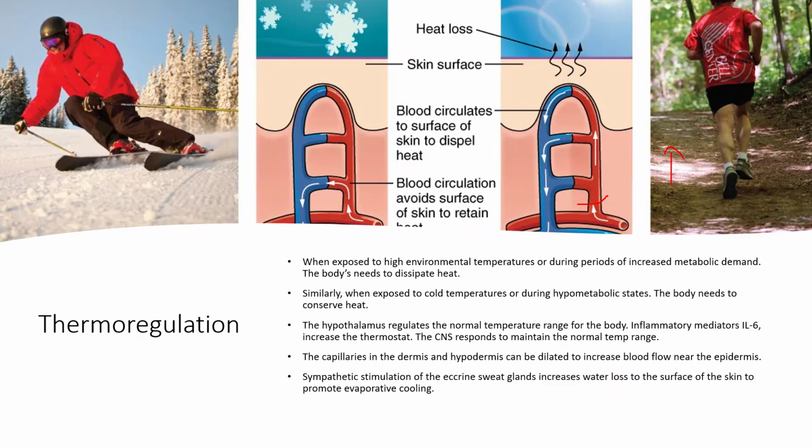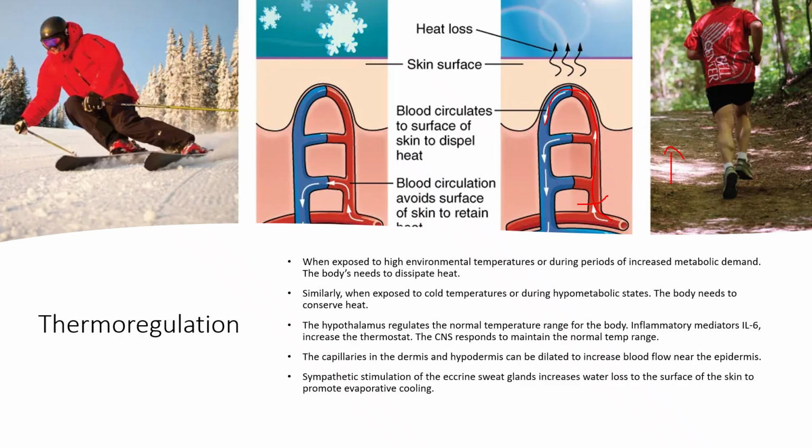This precapillary sphincter is going to allow blood to move from the vasculature into these surface capillaries. And that surface capillary is going to allow for some evaporative heat loss through the skin. And you're going to expect to see somebody who's very flushed, right? When somebody gets hot, they get flushed. You can think about that because that blood is closer to the skin.